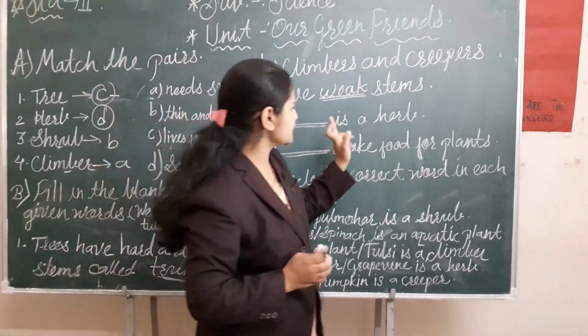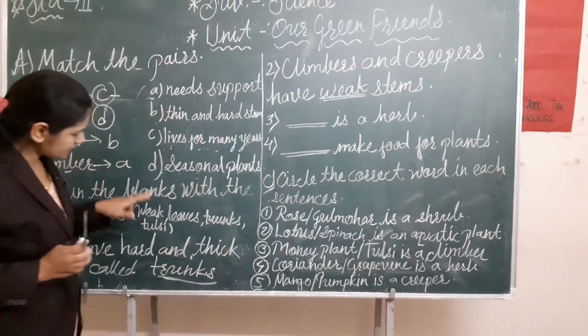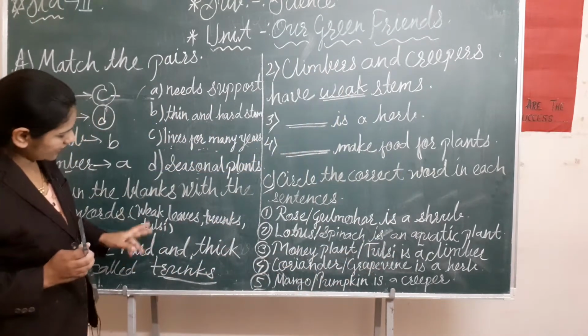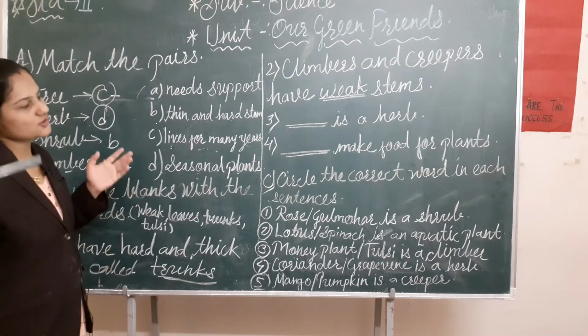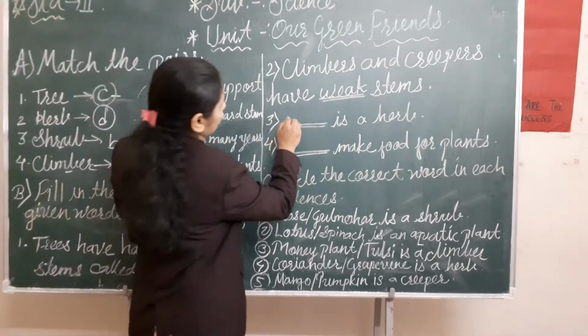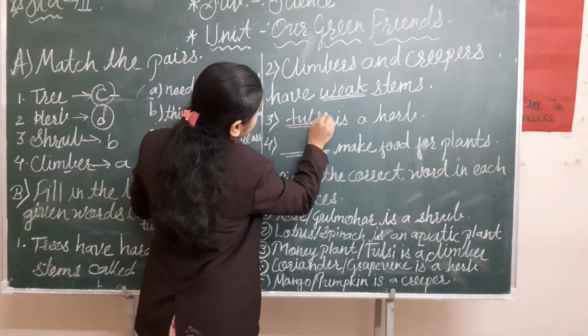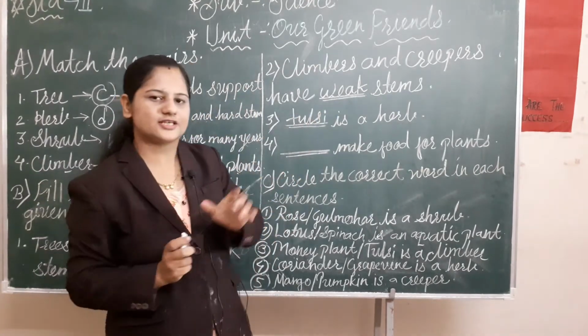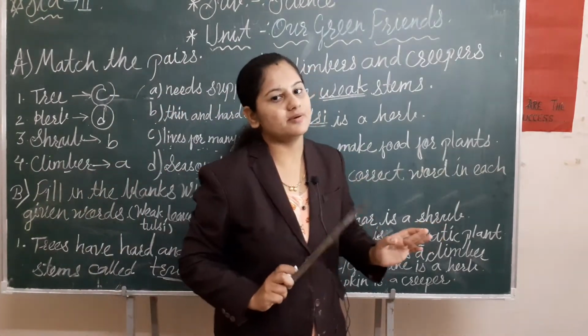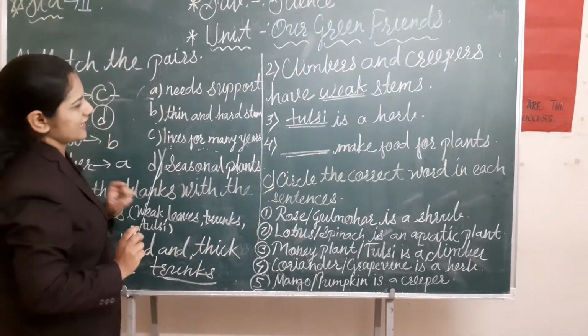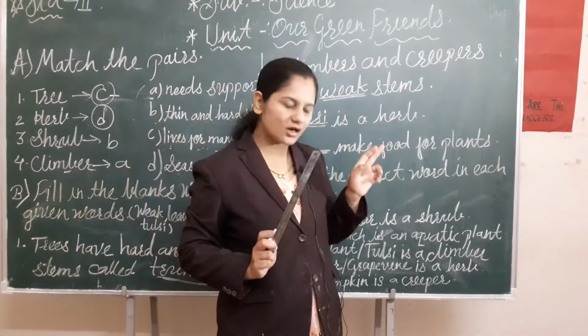Then dash is a herb. Out of this, which plant will be the herb? Only one plant example they gave, means obviously that will be the herb. And also we can see that tulsi is a very small plant and that may be a seasonal plant. That's why tulsi is a herb.